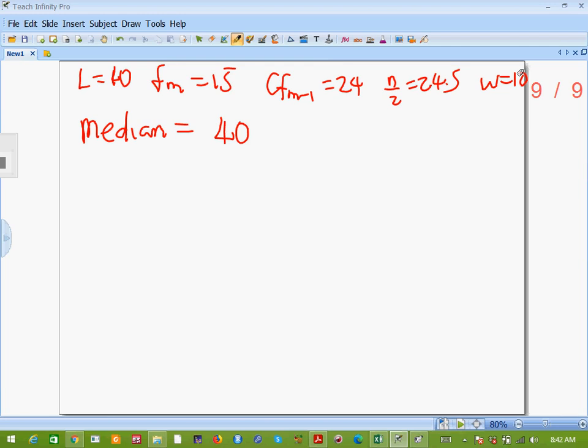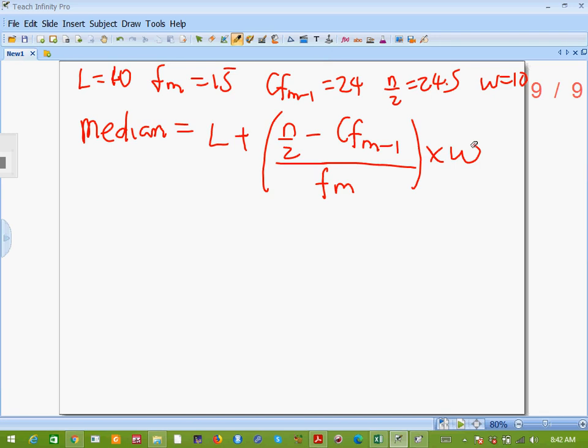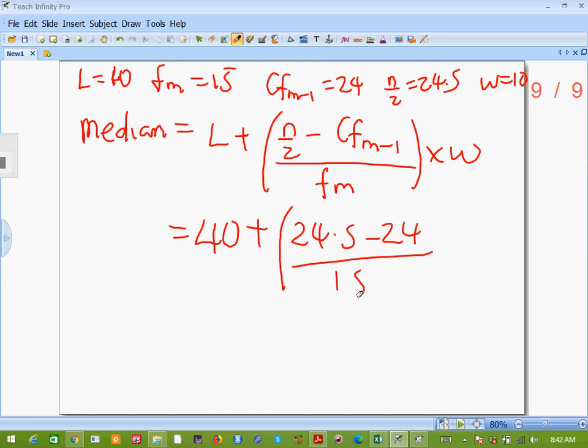So, remember, our median is just L plus N over 2 minus cumulative frequency before, over frequency of the median class, multiplied by the class width. So this gives us 40 plus 24.5 minus 24 over 15, multiplied by 10.